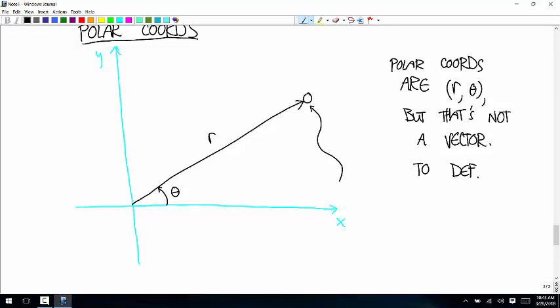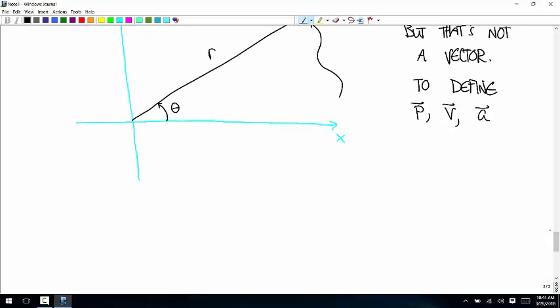So to define position and velocity and acceleration vectors, we're going to choose a coordinate system with the axis e_r pointing from the origin to the object.